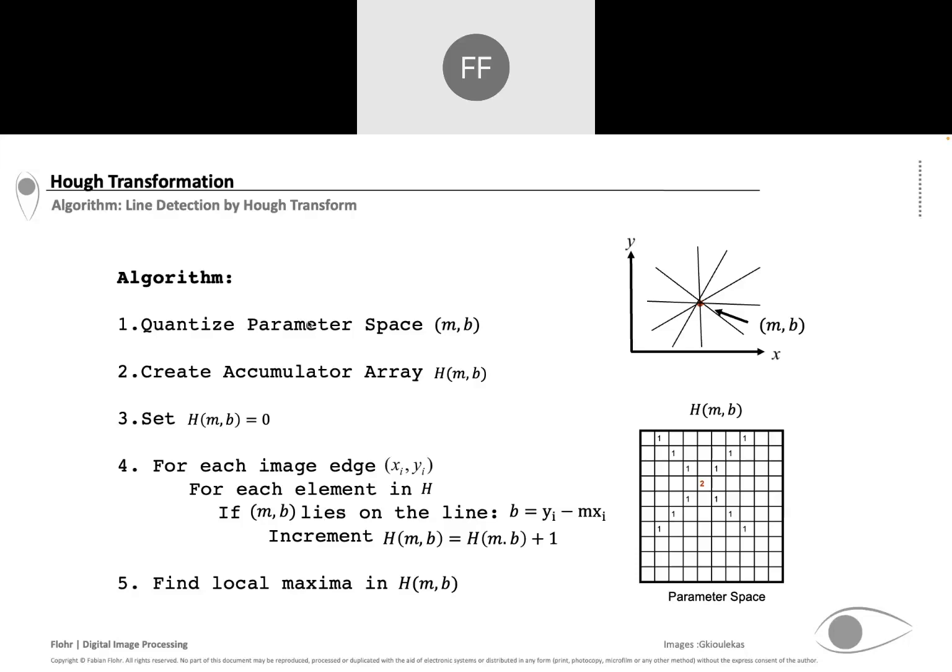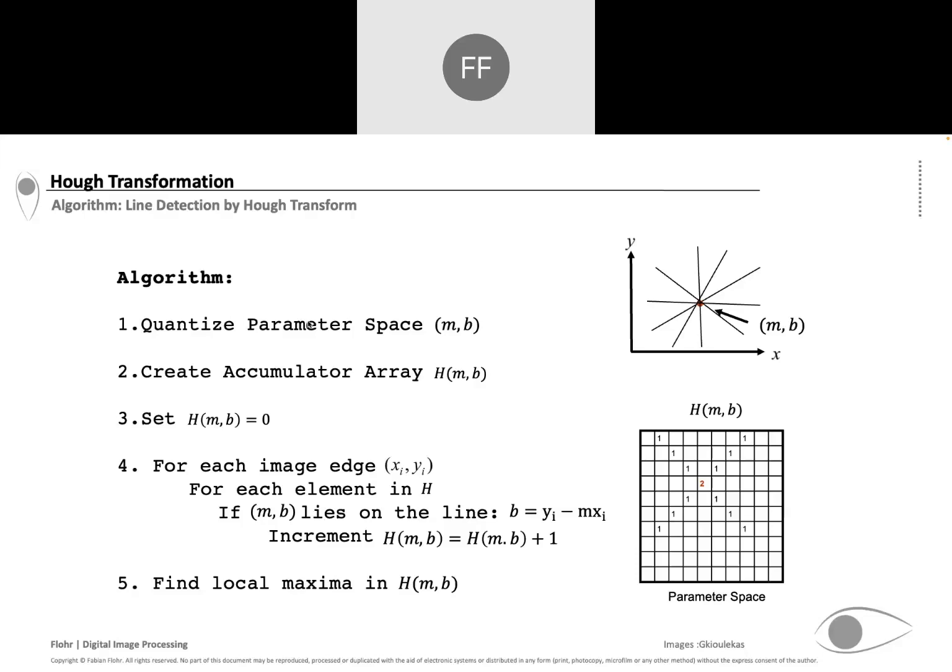And you find here the pseudocode for that. At the beginning, we have this accumulator array initialized to 0 everywhere. Then for each image feature edge, X and Y, we check where it ends up: where do we need to increase the vote?